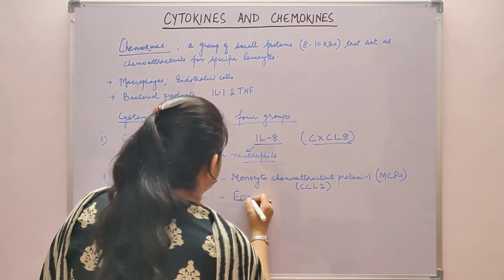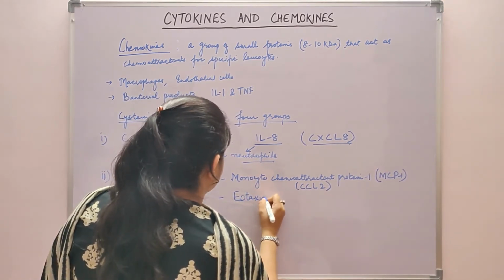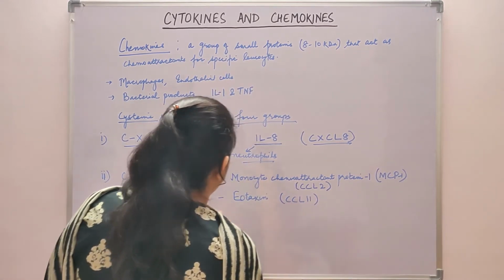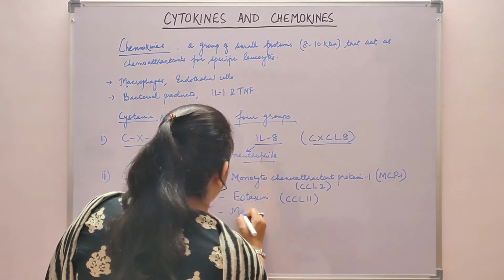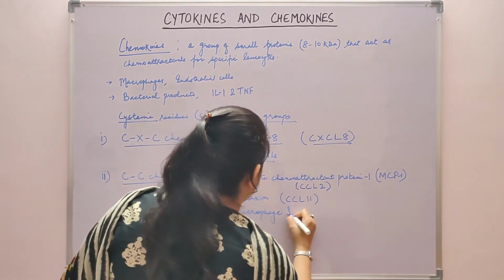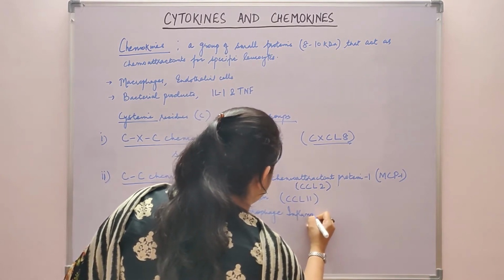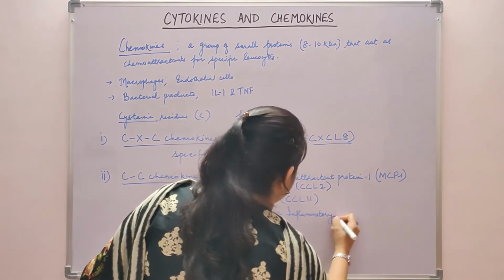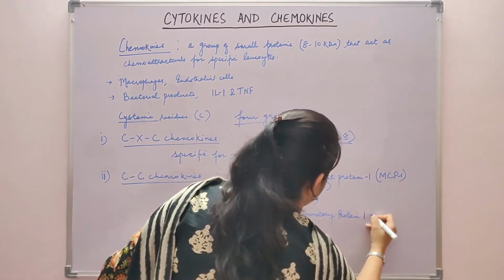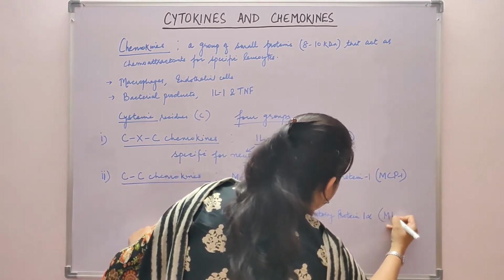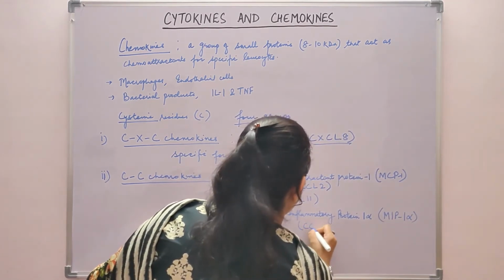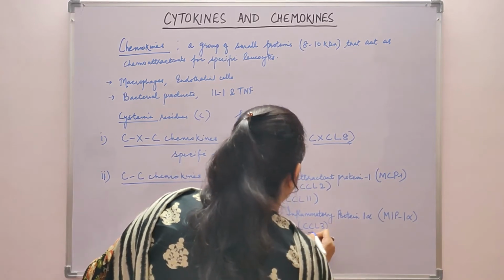Eotaxin, CCL11, and macrophage inflammatory protein 1 alpha, MIP 1 alpha, which is CCL3.